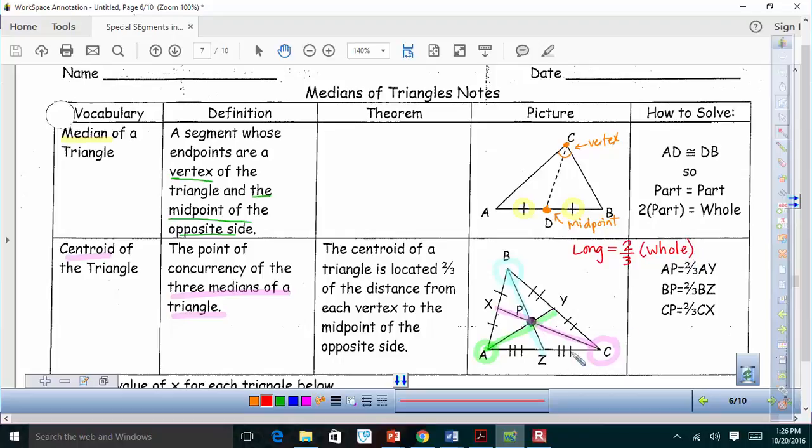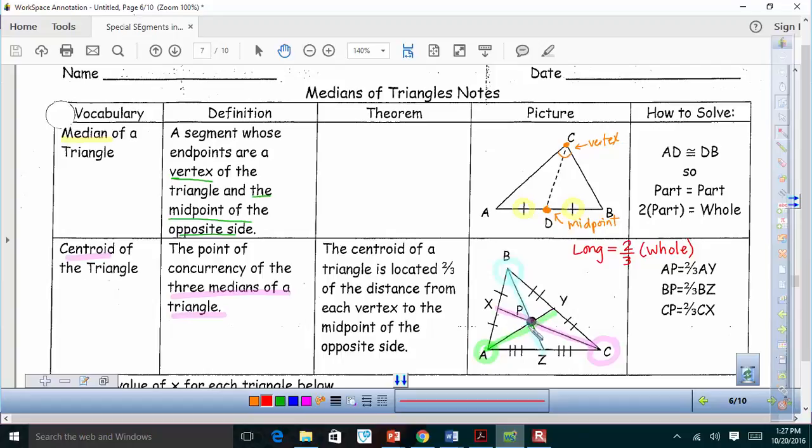Okay? And so let's kind of talk through an example of that. Let's say that B to Z, this whole length right here, was 12. Okay? That means that B to P is 2/3 of 12. The easiest way that I know to do that is to take this whole length and let's split it into 3 pieces.